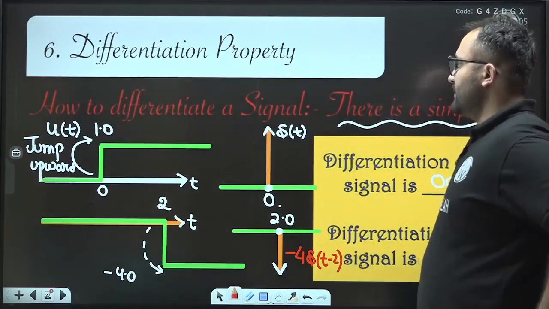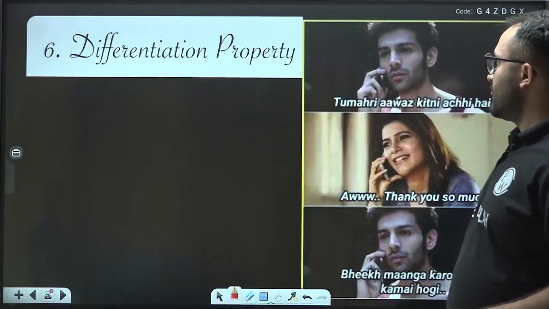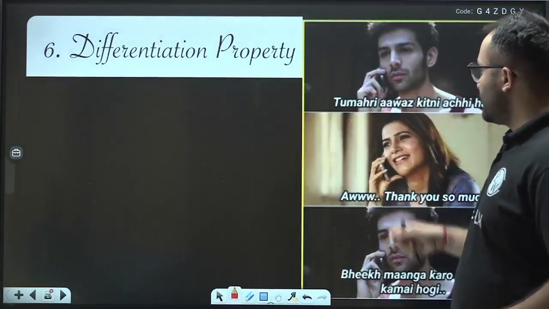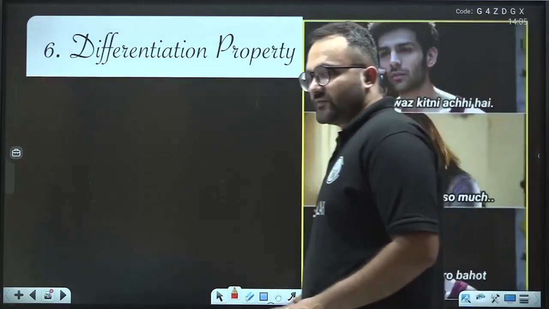Great. So these are the points that we have seen. So what is the differentiation property?